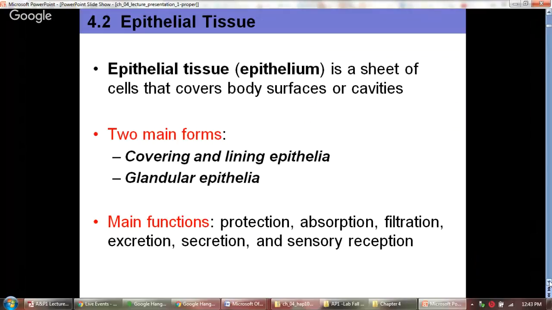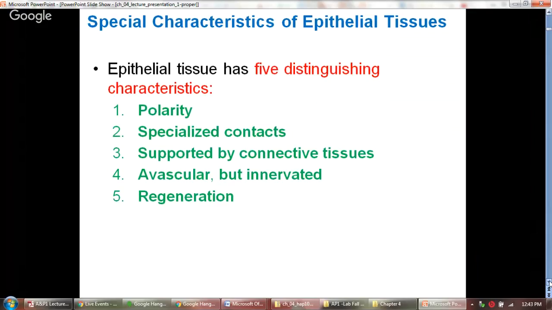Glandular means it has glands, so it performs the function of secretion of certain substances. The main functions of epithelia are protection, absorption, filtration, excretion, secretion, and sensory reception. So you need to know this for your exams.